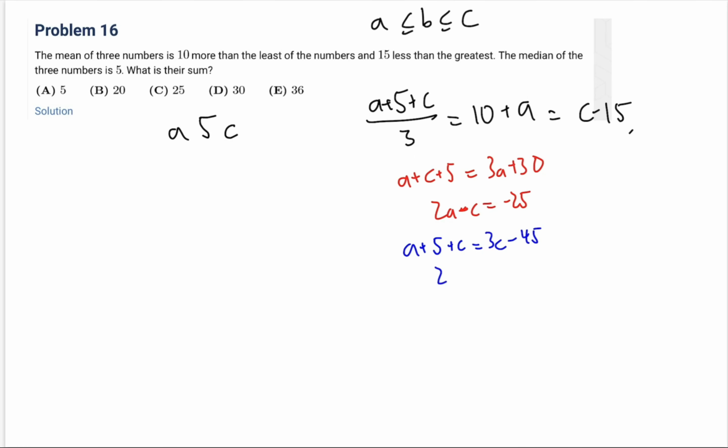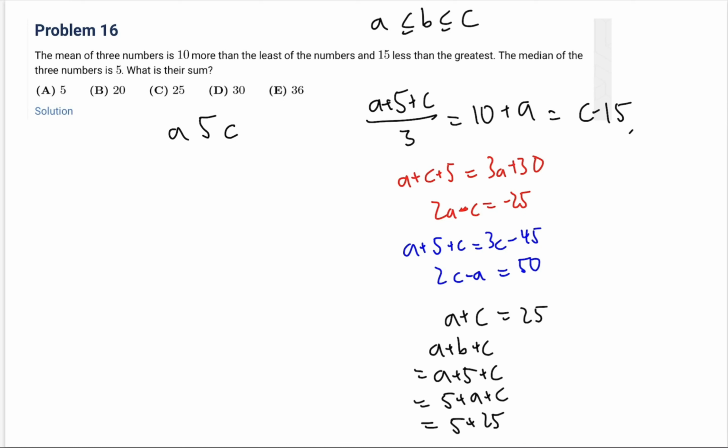So 2C minus A equals 50. So if you add up these two, then A plus C equals 25. So what is their sum? A plus B plus C equals A plus 5 plus C, equals 5 plus 25, which is 30. So it's 30, it's D.